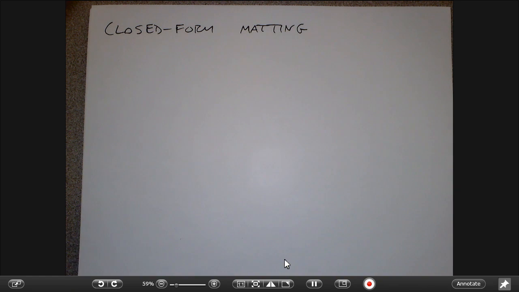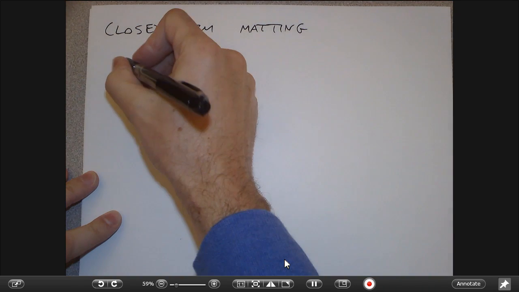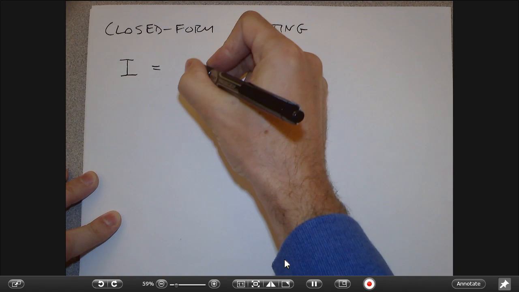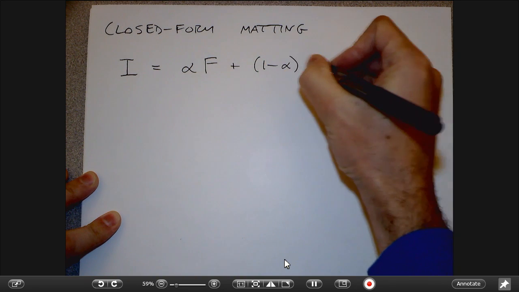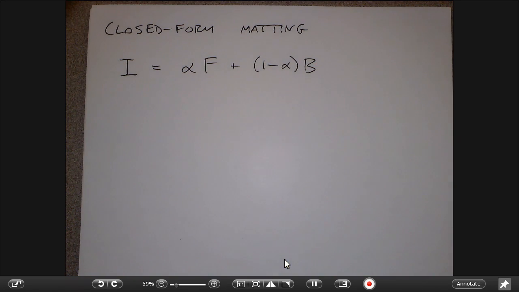So let's remember what we're trying to do. We have an image that is alpha times a foreground image plus 1 minus alpha times a background image. Last time we talked about Bayesian matting, which was an initial, probability-based attempt, taking the foreground and background distributions that we estimate from the image.